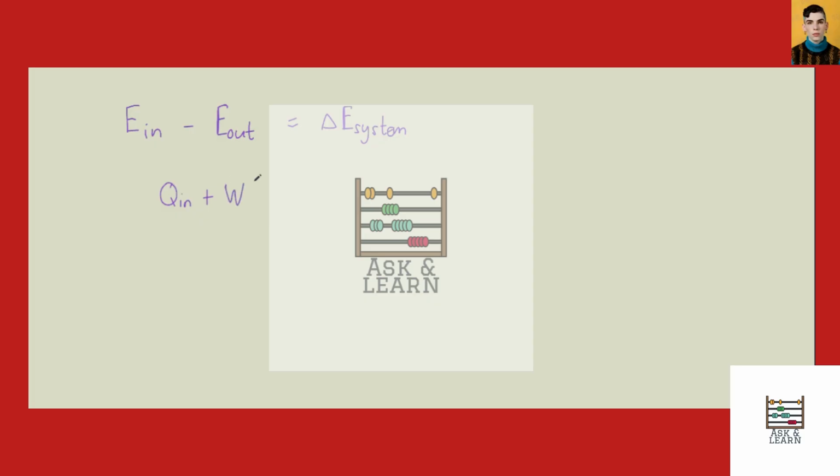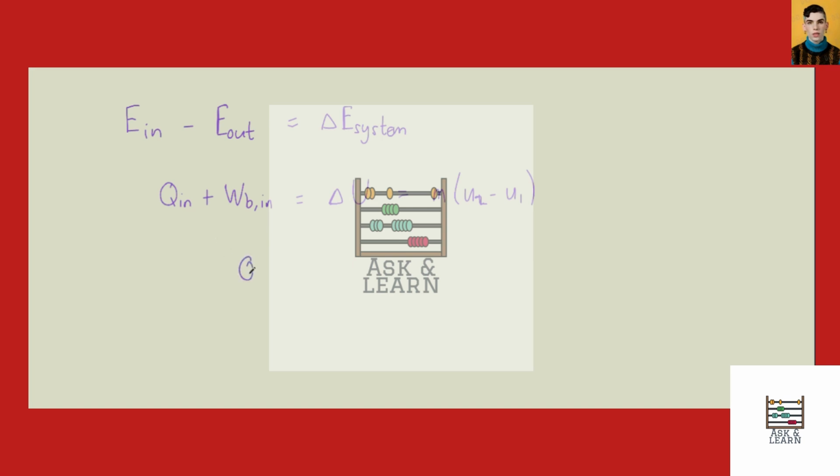So the heat transfer plus the boundary work into the system, WB, which we just calculated. So that's WB into the system, hence the sign is positive, must be equal to the change in internal energy of the system, delta U, which is M into little u2 minus little u1, the specific internal energies.